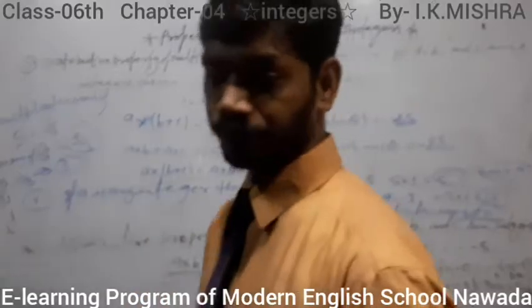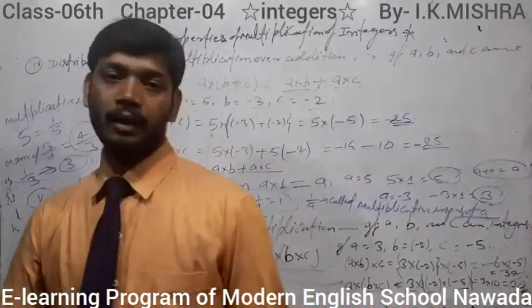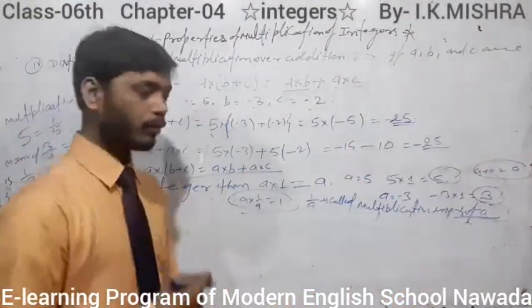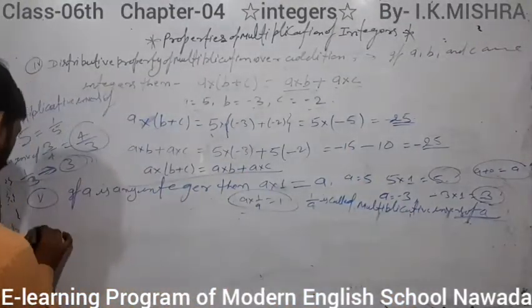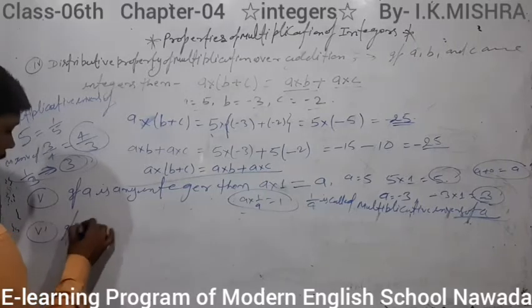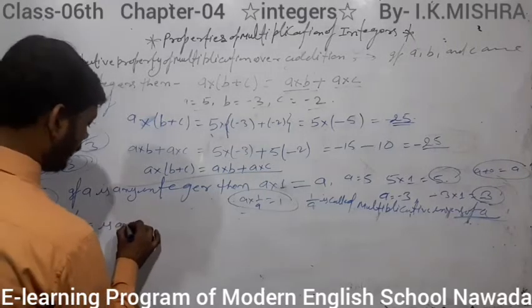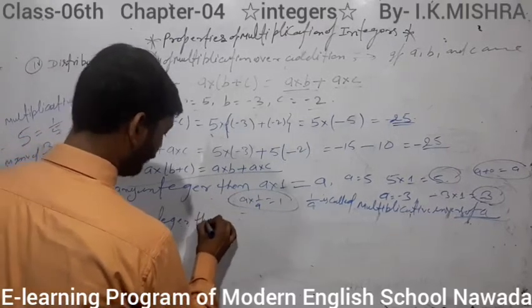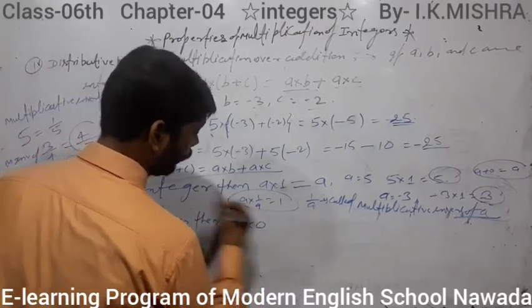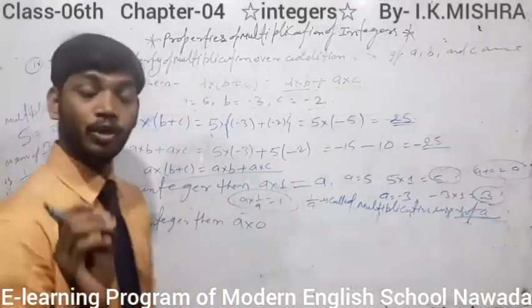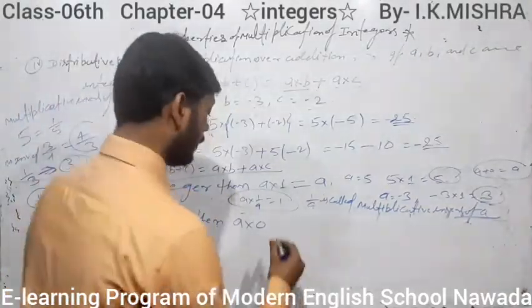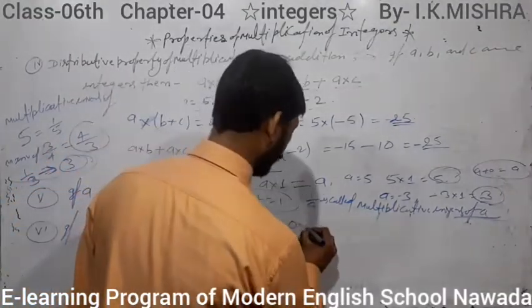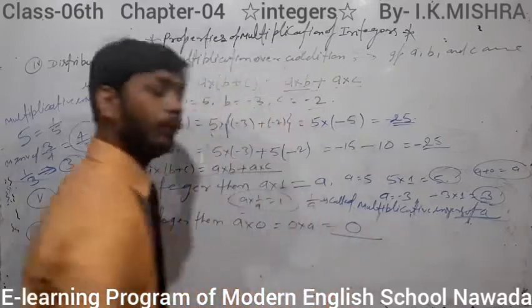Now students, I am going to discuss the next property. Sixth property: if a is any integer, then a into 0, that means when you multiply any integer with 0, the result is always 0.